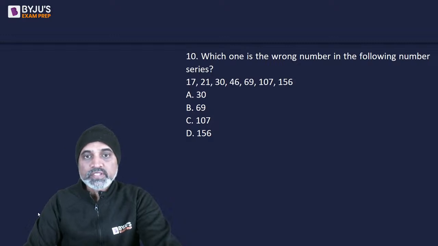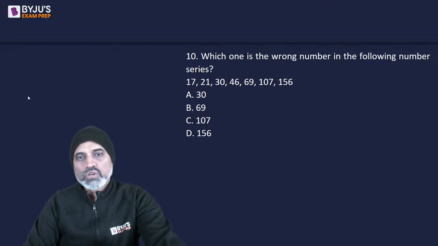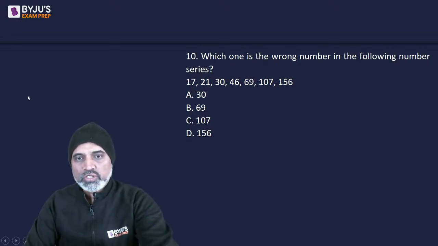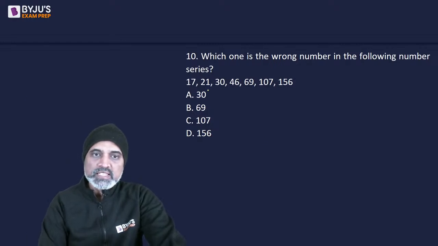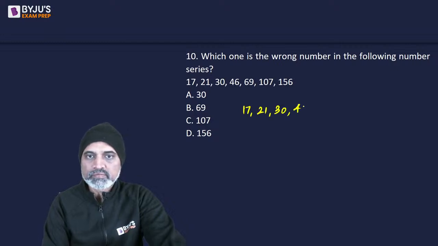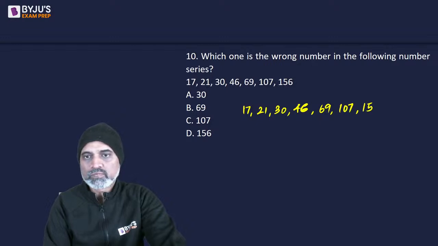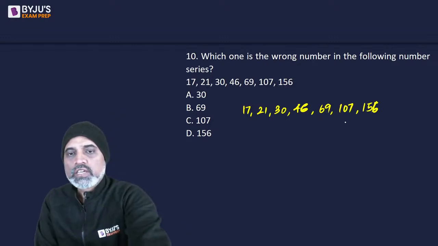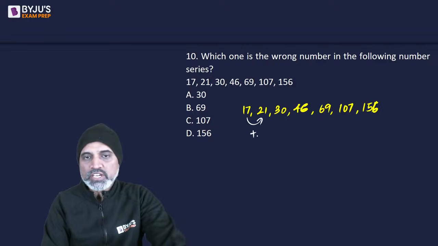Next question. Which one is the wrong number in the following series? So, let's find it. 17 to 21, that's a change of 4. 21 to 30, that's a change of 9. 30 to 46, that's a change of 16.